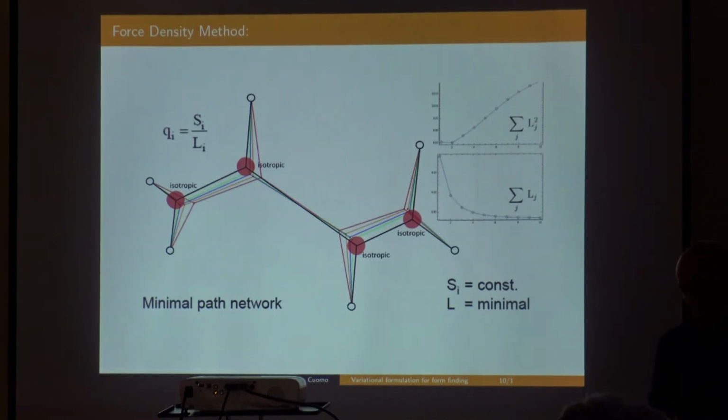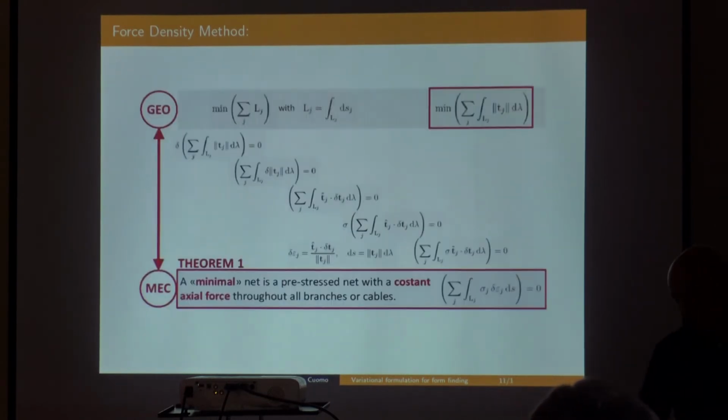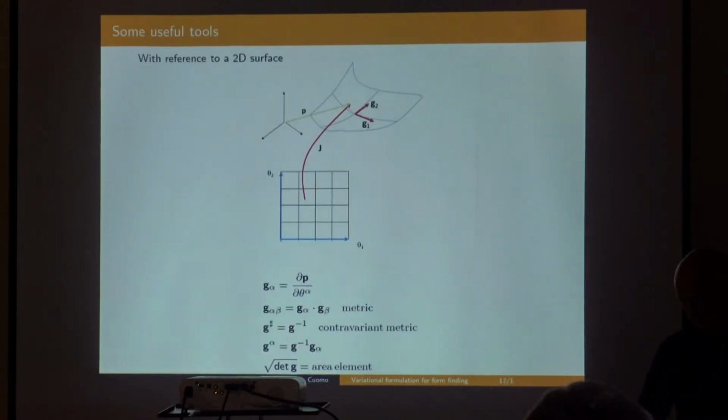There are two examples actually here, just a simple truss, and you can enforce either that the length of the truss of this framework is minimal, or that the actual forces are all constant. It's well known that in the first case, if you enforce a minimal length, you have a solution with constant actual force, and this one.